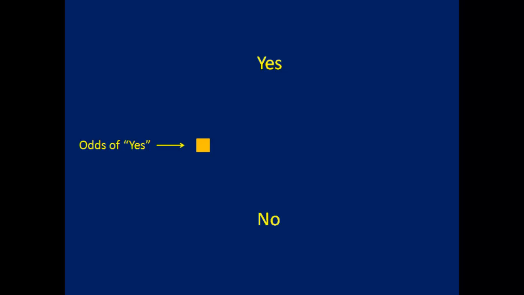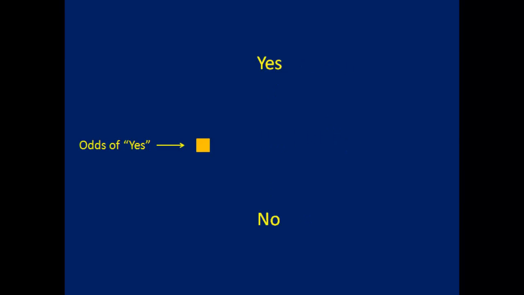So let's say, for example, that this random category generator generates 3 yeses on average for every no that it generates. And so we have 3 yeses to 1 no. The odds of yes here is the number of yeses divided by the number of no's. So for this kind of random category generator that generates 3 yeses for every no, the odds of a yes is going to be equal to 3.